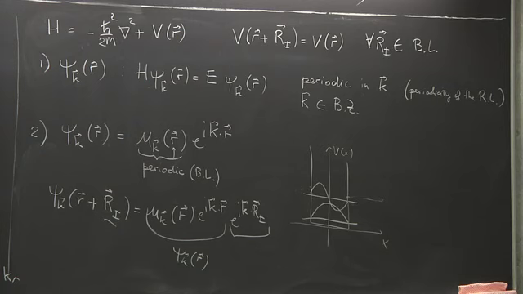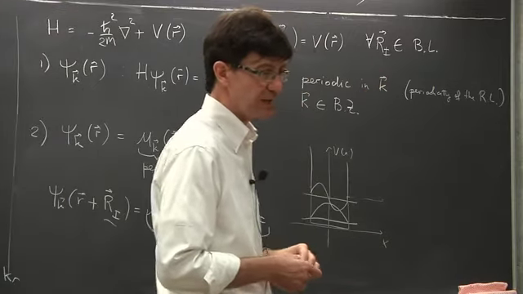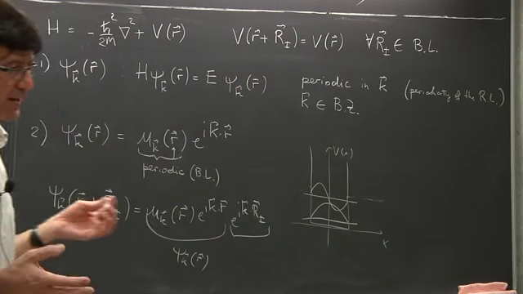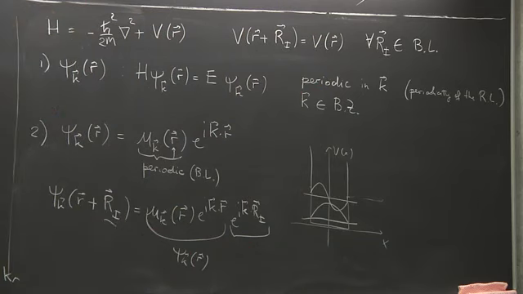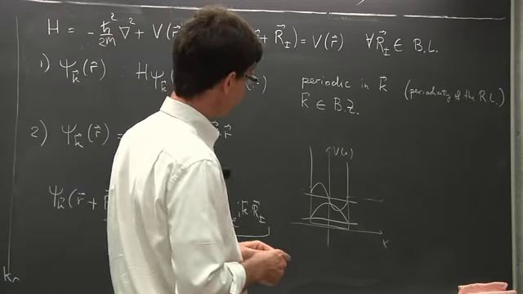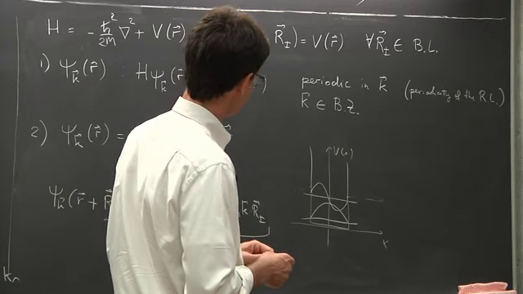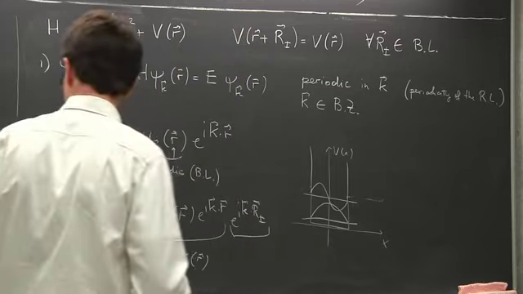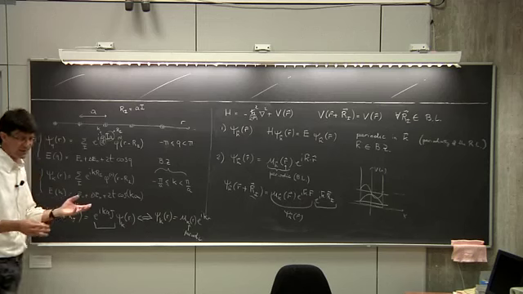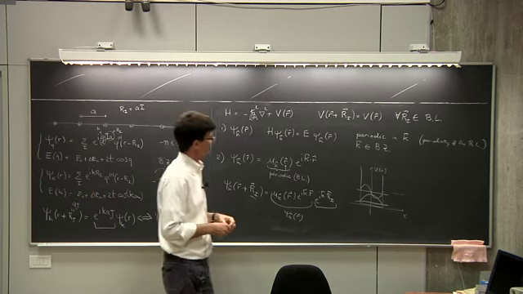It is not for a finite system, because here we're assuming that Ri belongs to a Bravais lattice, so this is not a finite system. Oh, I think I see what you're trying to ask. You're asking how can I then make my counting arguments and let n go to infinity? You can always say the following.